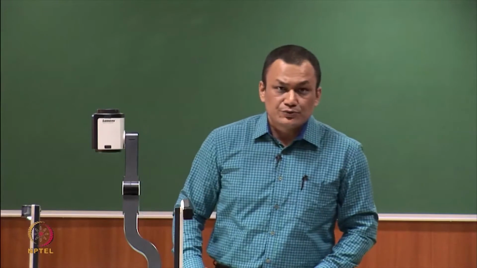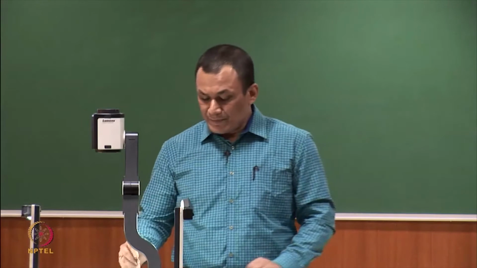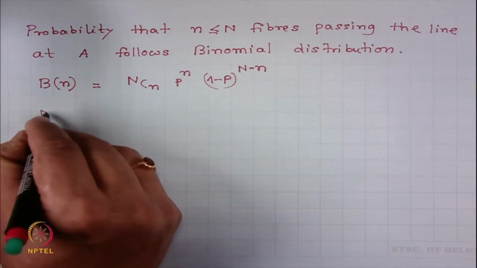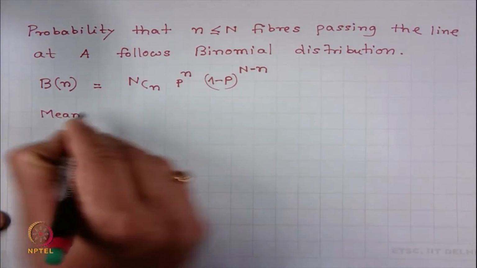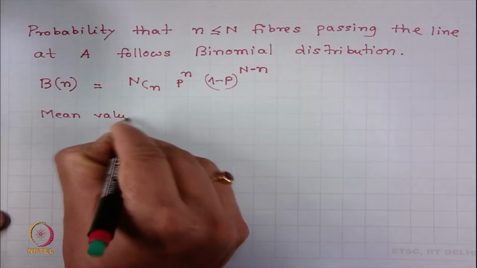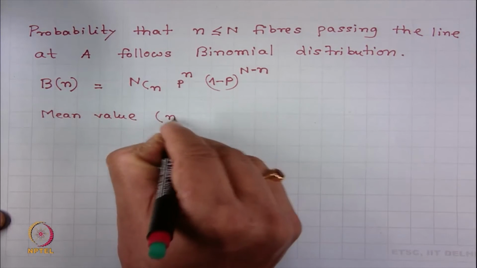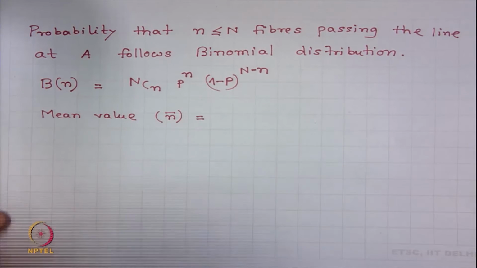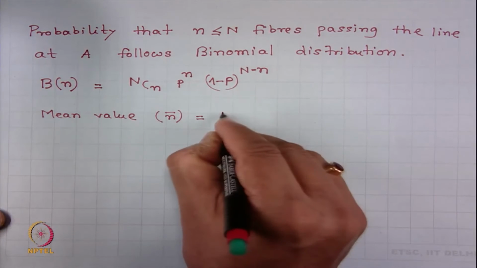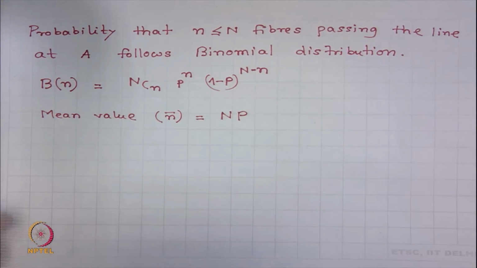This binomial distribution has certain parameters, for example, the mean value, small n bar, is capital N into P, right.